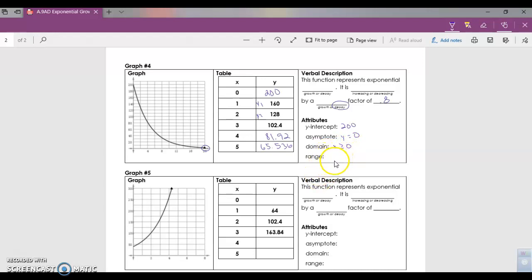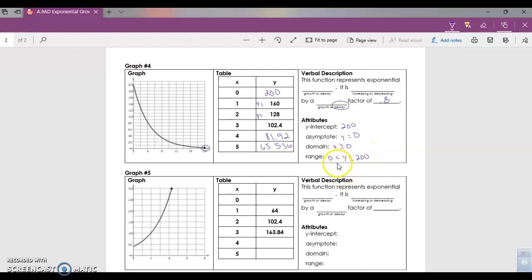Range is also going to be a little bit different, because we know because of our asymptote we can't cross 0, but we also have an upper boundary up here at 200. Therefore, my range is going to be from 0 to 200.